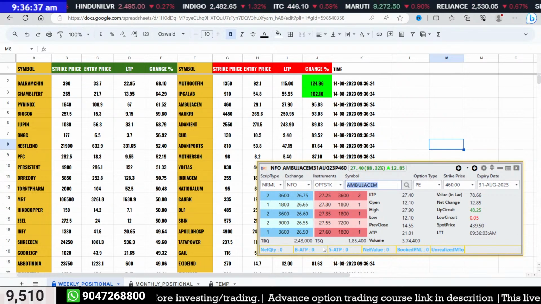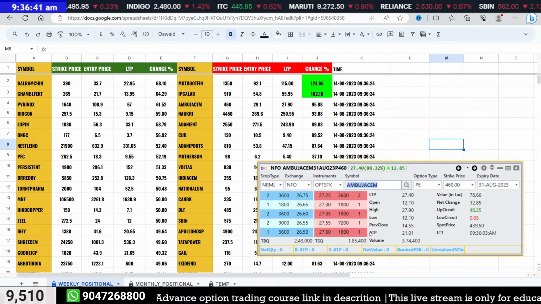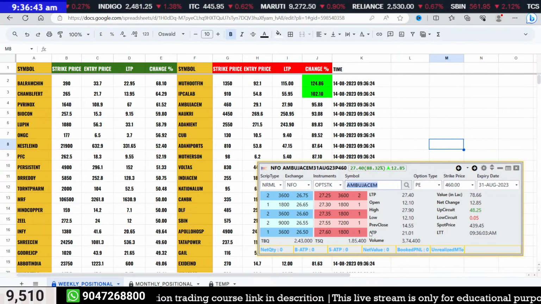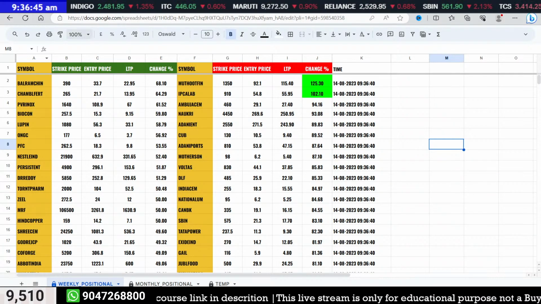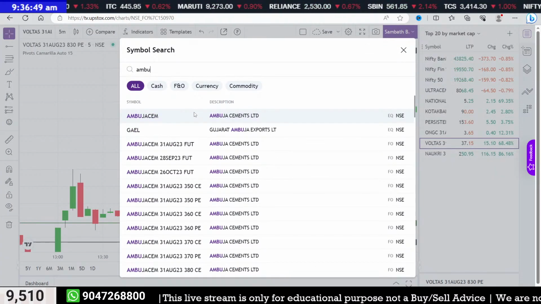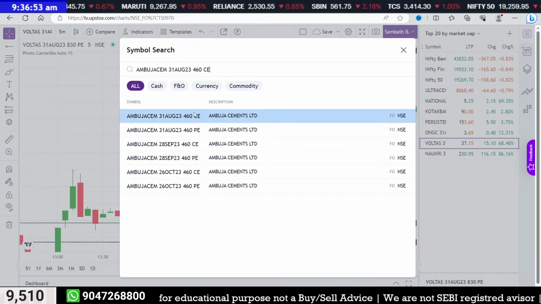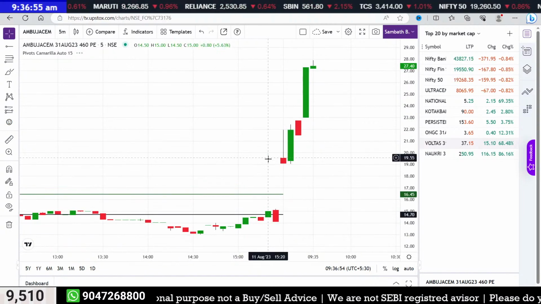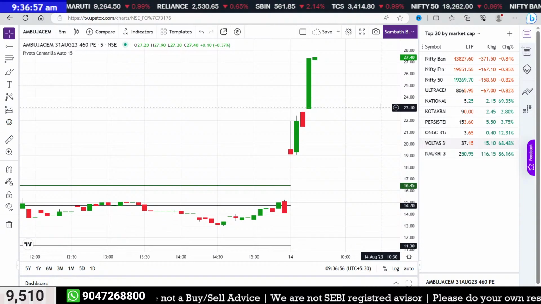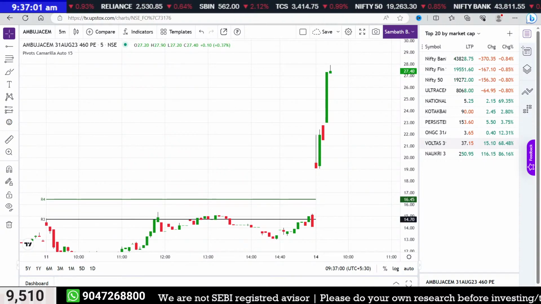And lot size is around 1800, maybe looking good, and the premium 29.1. Currently 27.5 is the high. Ambuja Cement 460 put option. Let's go, 27.4, started moving higher. Okay, perfect.